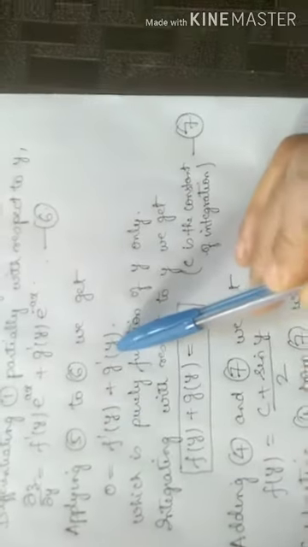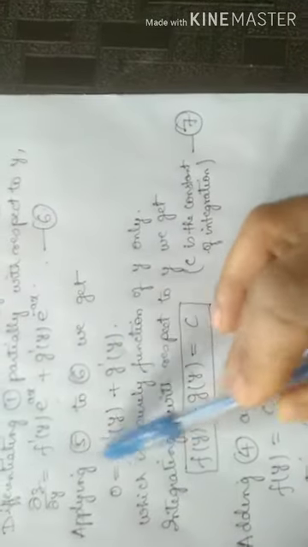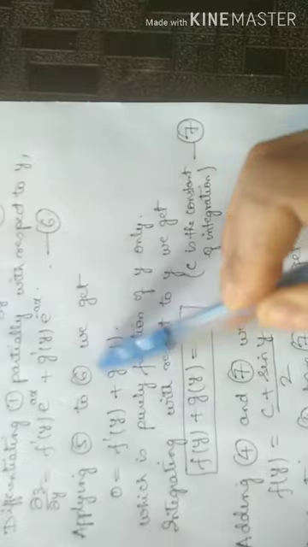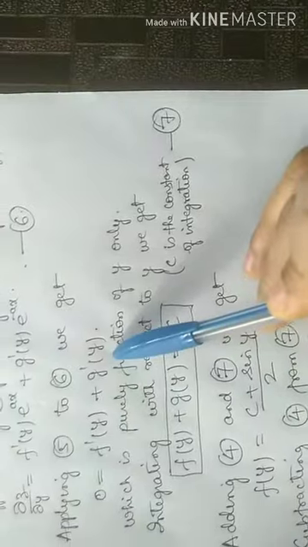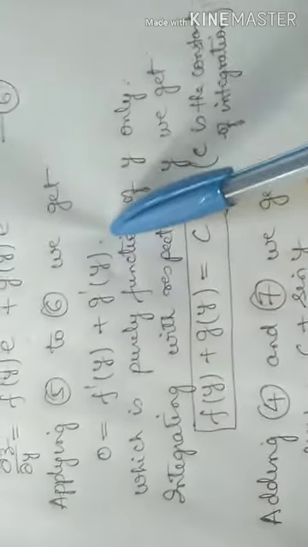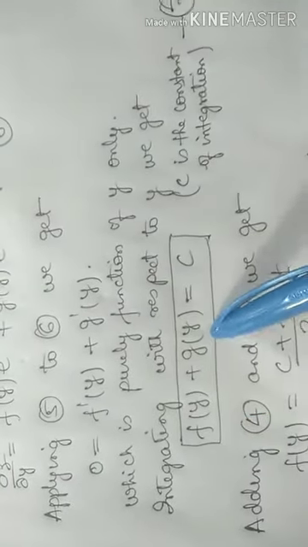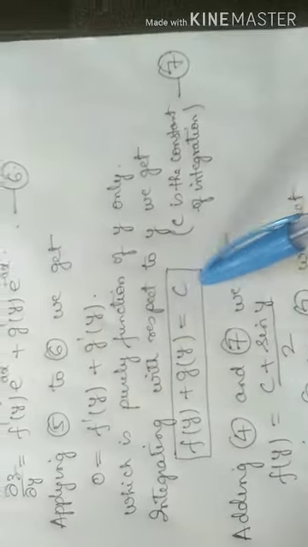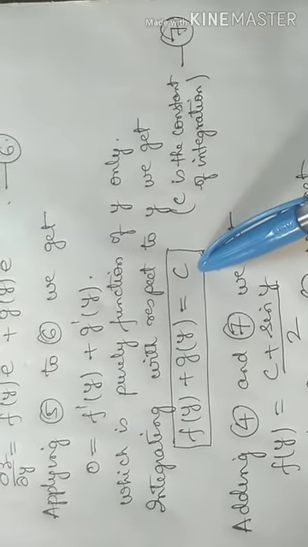Here f and g are purely functions of y only, so these are ordinary derivatives with respect to y. Now since we have got f′ and g′, we require f and g, so we integrate this with respect to y to get f(y) + g(y) = C, a constant of integration, which is a pure constant.